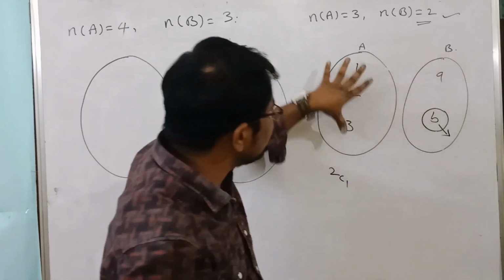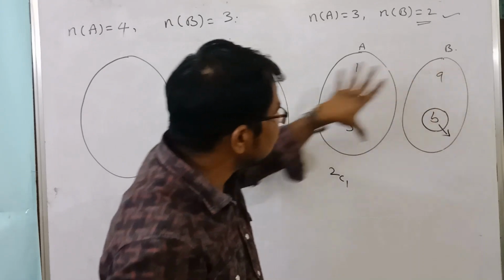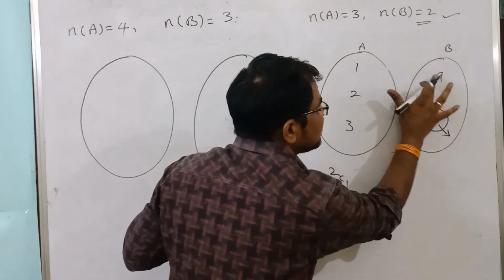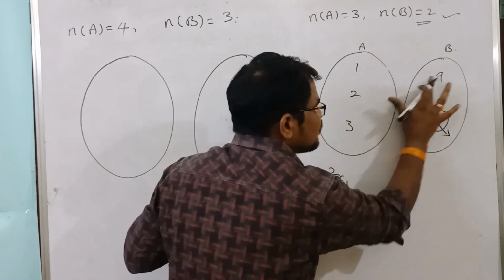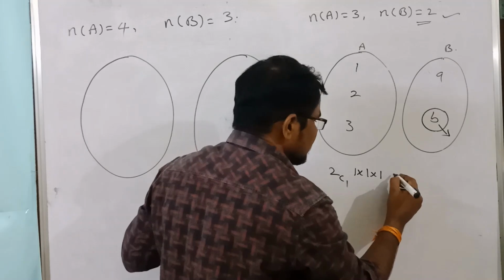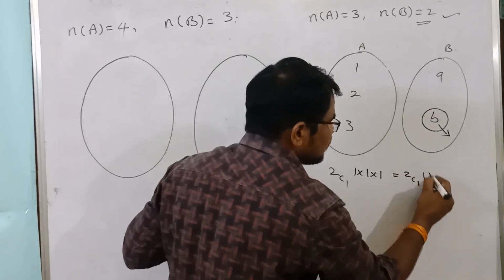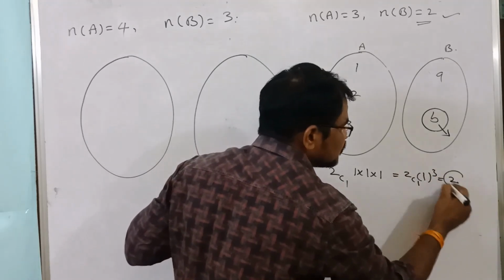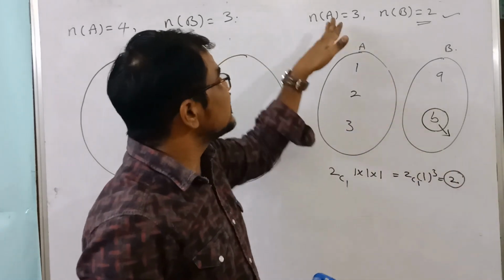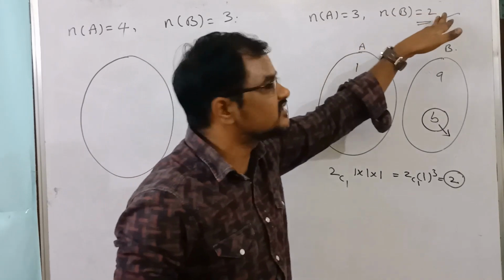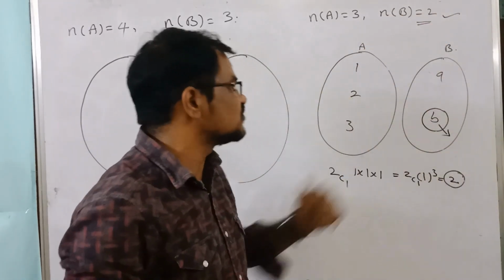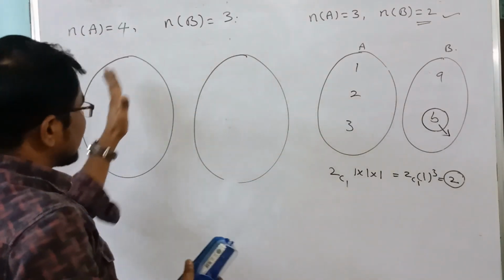For the remaining elements of A, the images from B have only 1 choice each, so 1 into 1 into 1. That equals 2C1 into 1^3, which is 2. So there are 2 into functions for a set A of 3 elements and B of 2 elements. The same concept applies here.